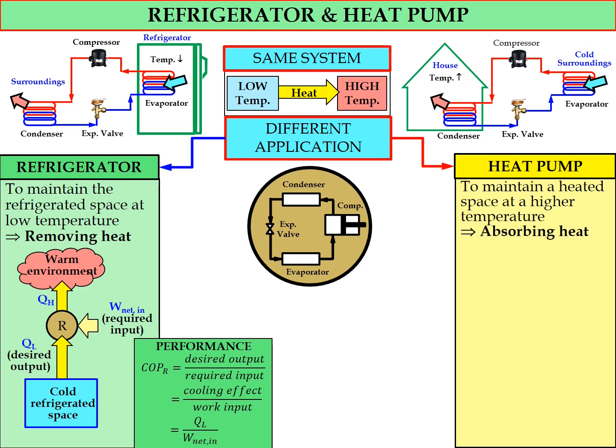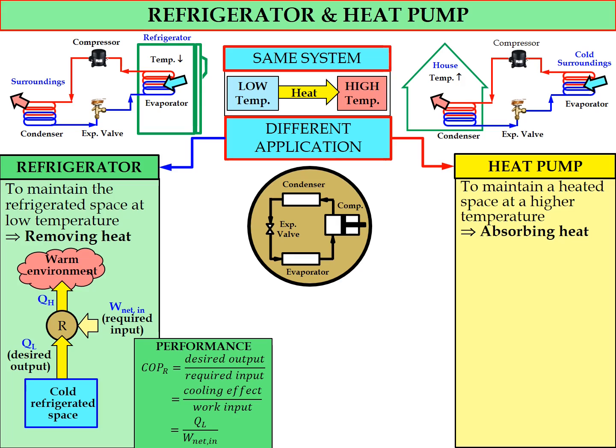However, if you compare the function of the heat pump to the refrigerator, the function of the heat pump is to maintain a heated space at a higher temperature by absorbing heat, where the heat pump will absorb heat from the cold surrounding air and then release it to the heated space.